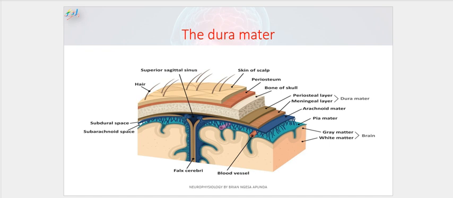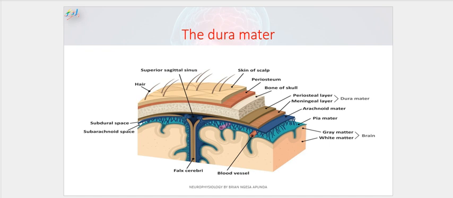Inward, again, it should be having a periosteum, but in this place, we have part of the dura forming the periosteum. So you are getting the periosteal layer and the meningeal layer as part of the dura. These are just potential spaces, and as we move, they can open up so that the meningeal layer sweeps, because it seeks to cover the brain.